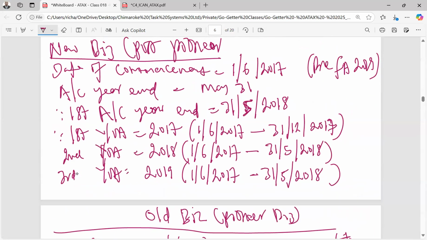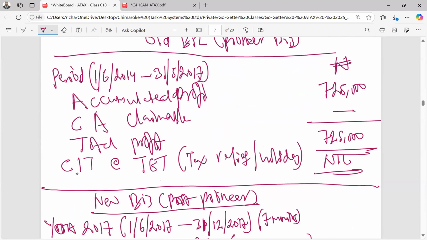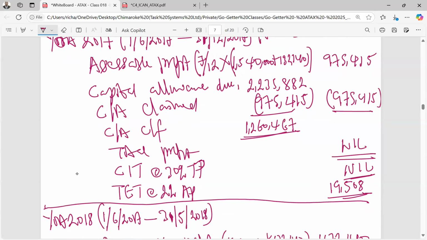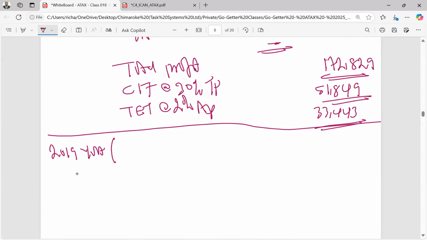We wrote them somewhere, 1st June 2017 to 31st May 2018. The same period with the second year.